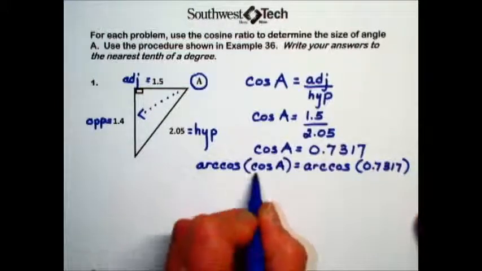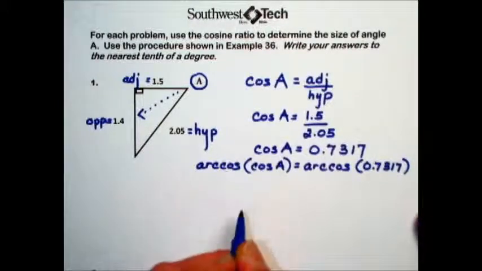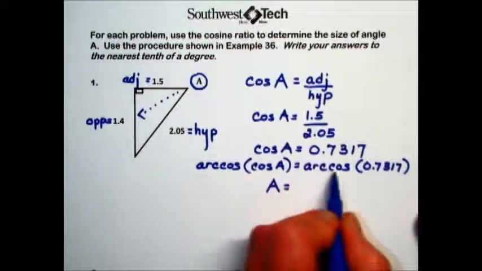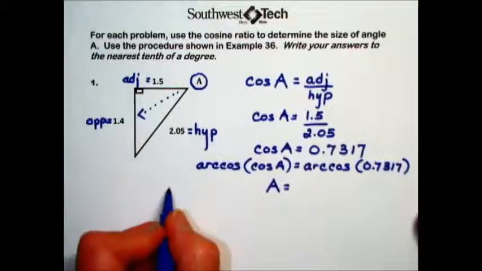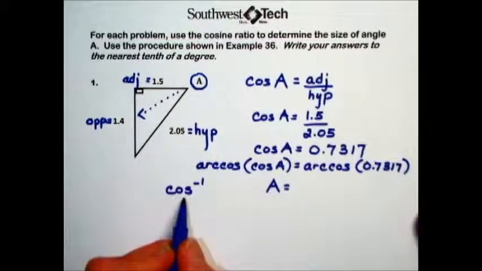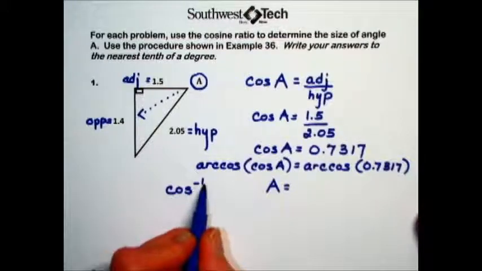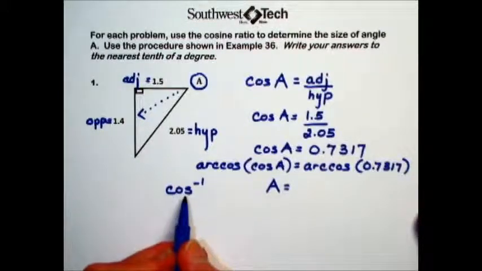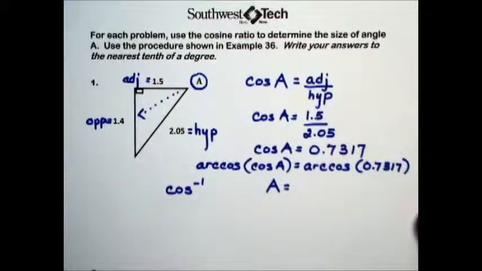Our arc cosine of cosine, since these are inverse operations, leaves us with angle A. And the arc cosine of this decimal value, using your calculator, generally is designated with cosine to the negative 1 power. And to get to that function on your calculator, you'll most likely have to hit a second or an inverse key to get to this function on your calculator.